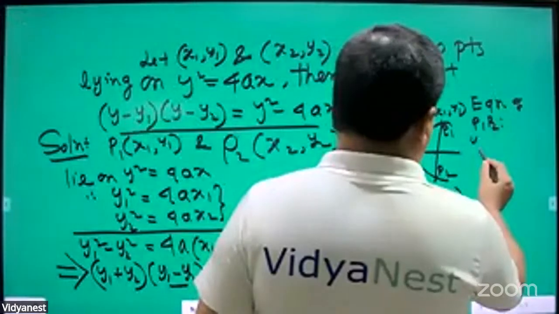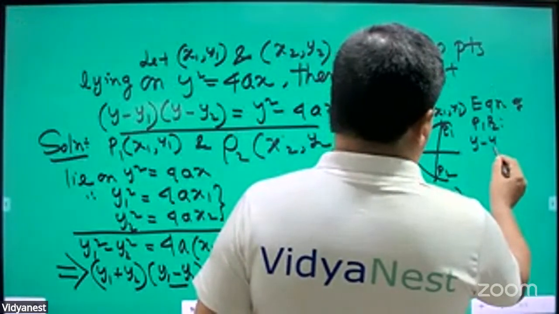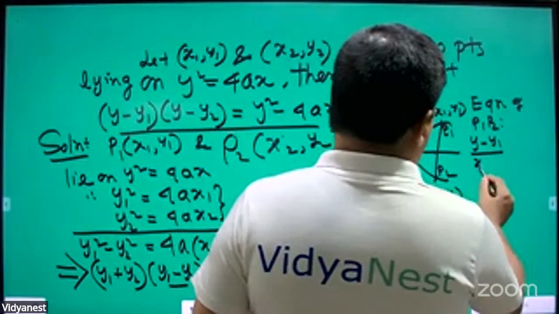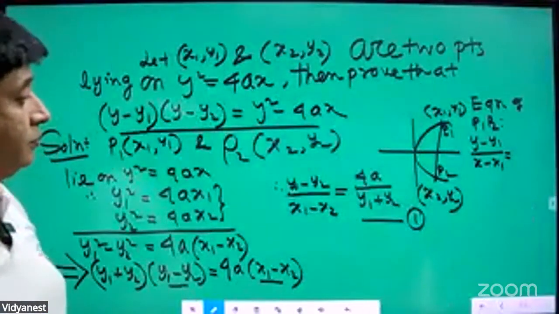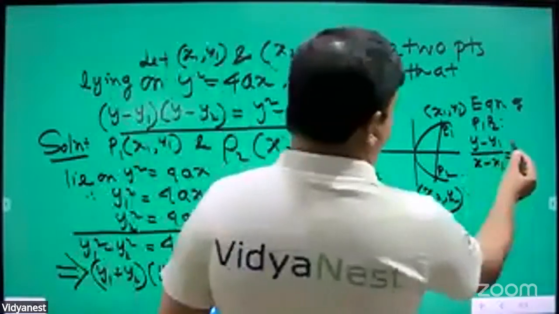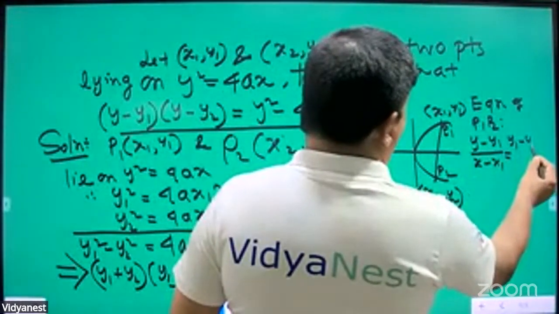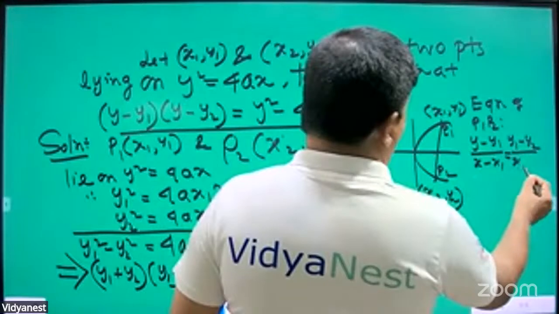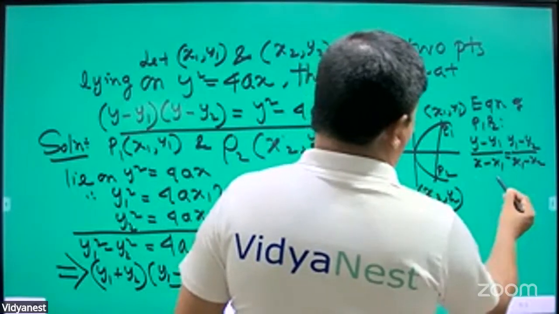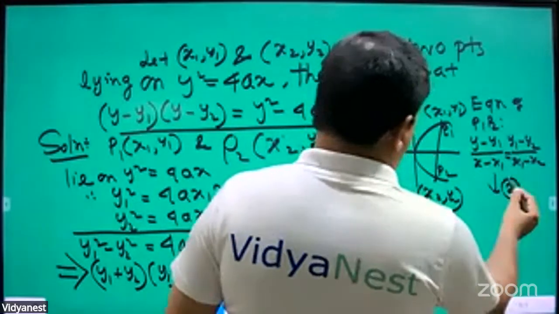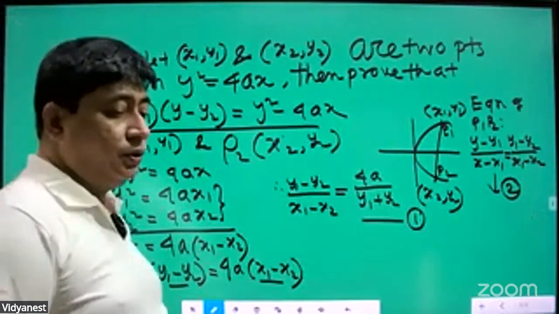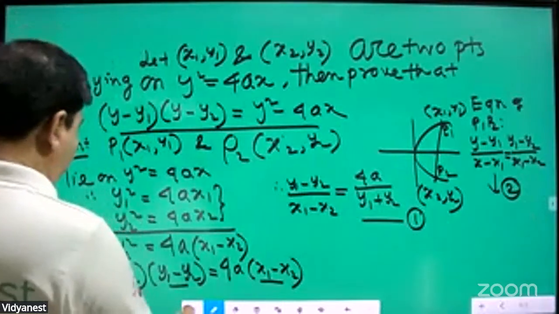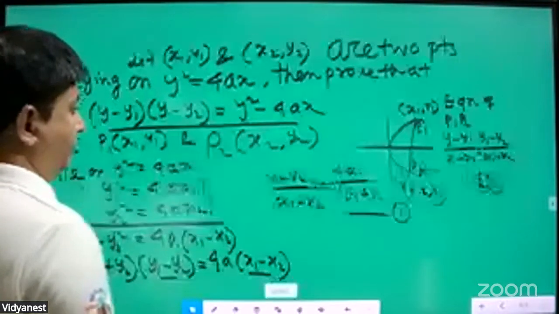Hope you can remember: y minus y1 by x minus x1 is equal to y1 minus y2 by x1 minus x2. This is equation number 2.